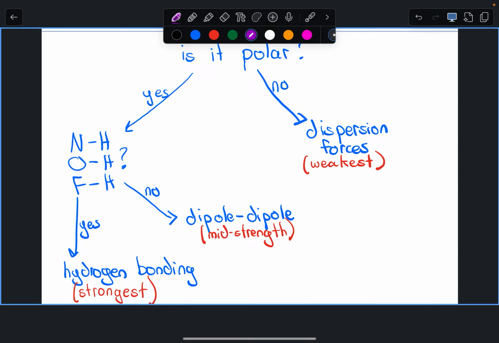Okay, so the ones that are the weakest, we're typically going to see those as having low melting points and boiling points. And what this means is that if it boils at a really low temperature, it's very possible that at room temperature, it's already boiled.